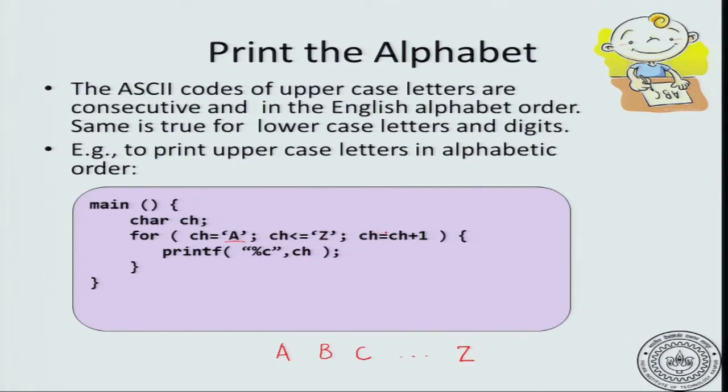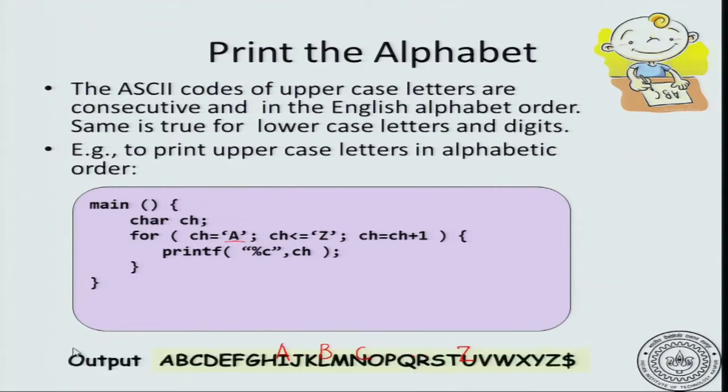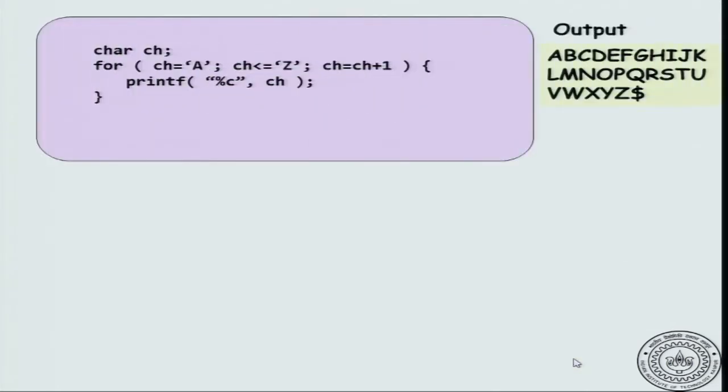It will update once more, to the ASCII character next to Z in the ASCII table. We don't really need to know what it is, but certainly it will be greater than the ASCII value of Z, and at that point we will exit the loop. So, the output of it will be consecutively A to Z.